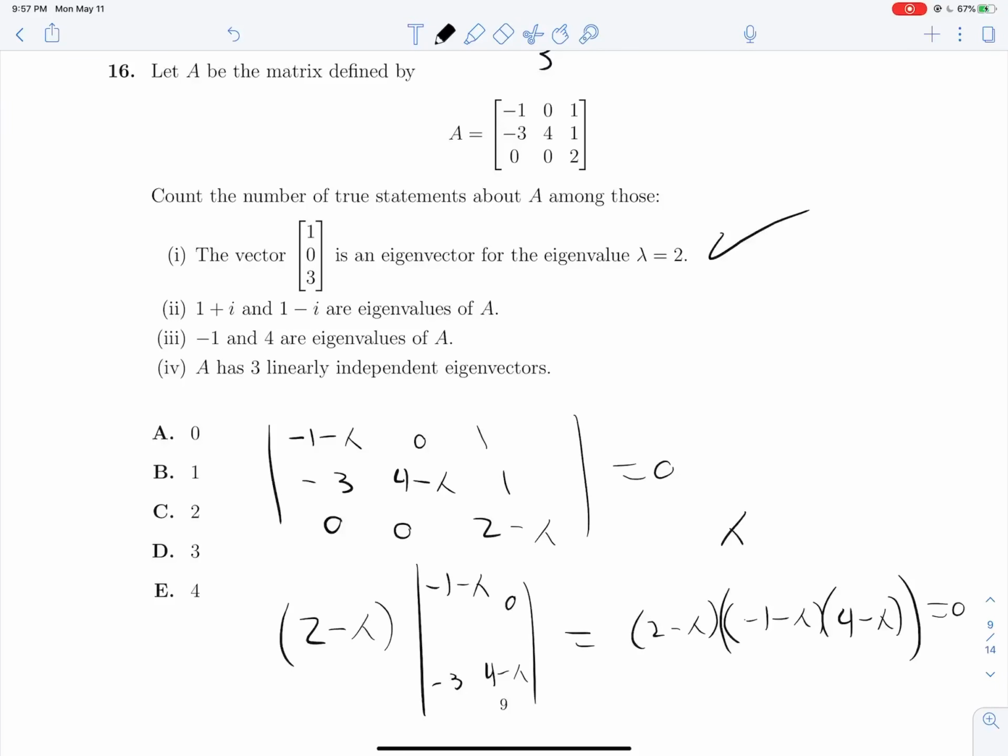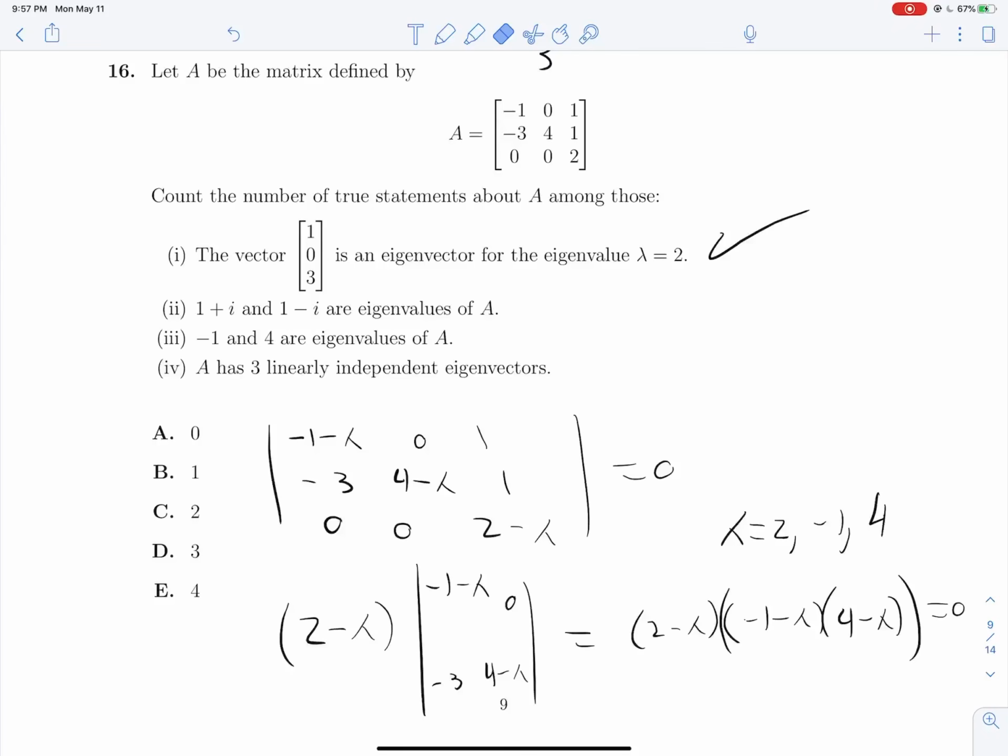So this has roots lambda equal to 2, and I made a mistake: this is negative 1 and positive 4.